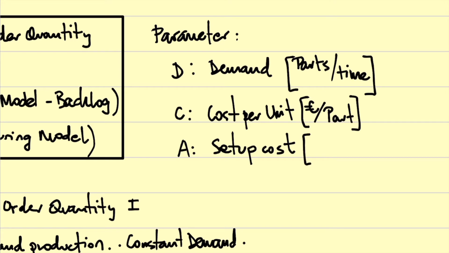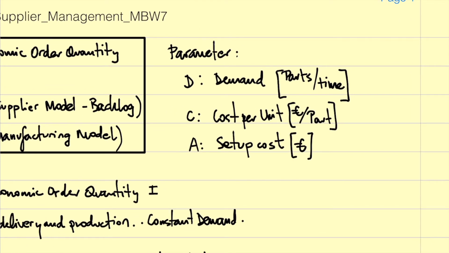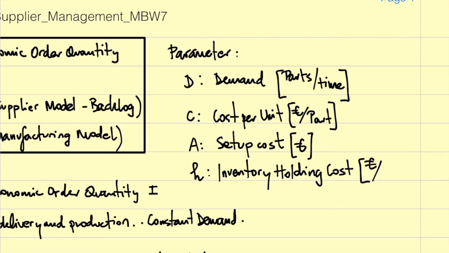This is the money that it costs to prepare our production facility for production. H is going to be our inventory holding cost, so this is euros per part per time.